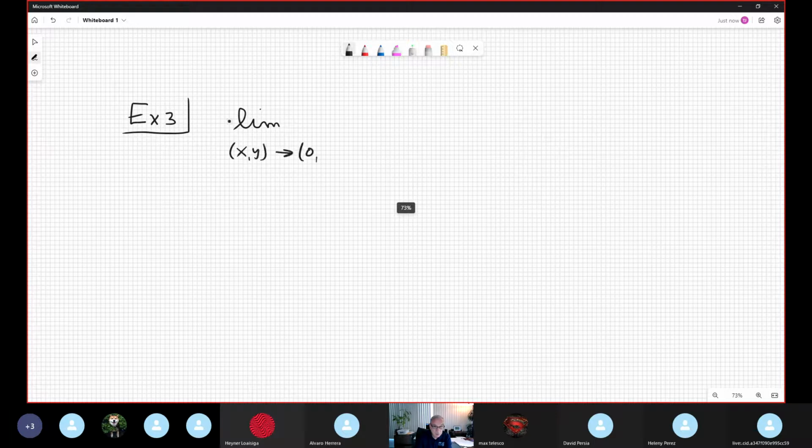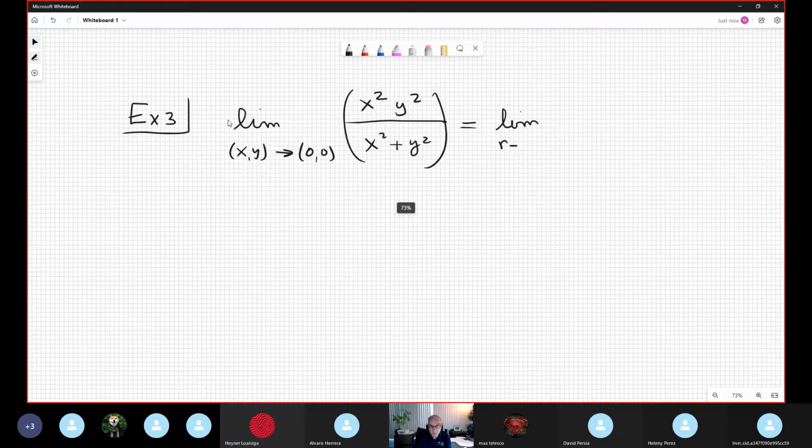okay, suppose this limit of x squared y squared over x squared plus y squared. Polar. It's similar. I suppose this example does not bring too much information. It's the same thing. This is r squared cosine squared theta, this is again r squared sine squared theta, divided by r squared.